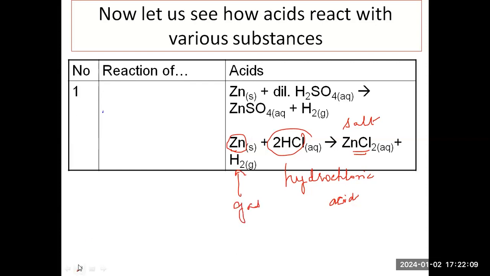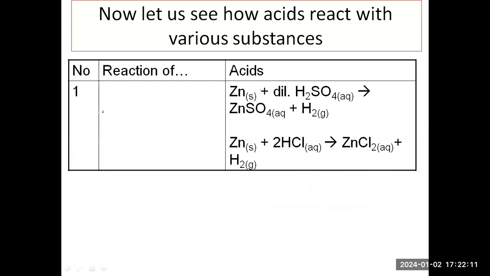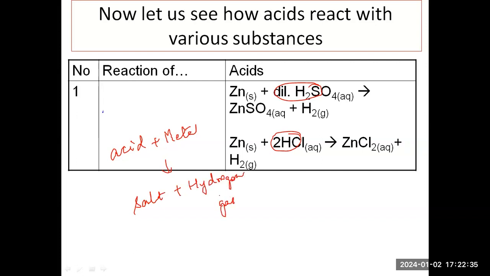So when you see these two equations, you can conclude that whenever an acid reacts with a metal, you get two things: one is the salt and the other one is hydrogen gas. So this is the general equation. An acid reacts with metal to give salt and hydrogen gas, right?